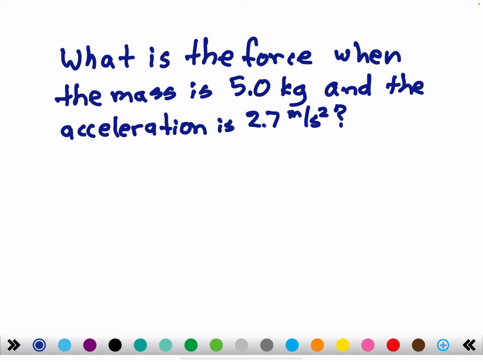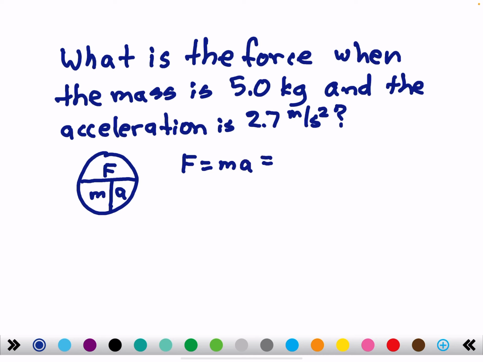What is the force when the mass is 5 kilograms and the acceleration is 2.7 meters per square second? We make our formula circle. F equals ma. We're looking for force, so if we cover up force, we notice that force equals mass times acceleration.